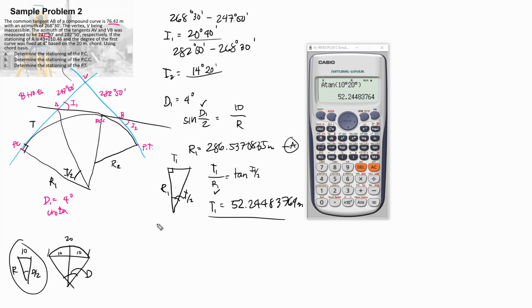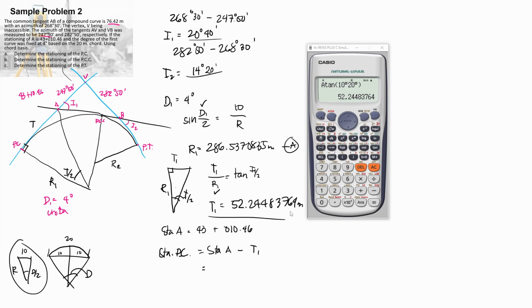So, kung ang station ni A is 43 plus 046. Isusubtract natin yung T na yon para kay PC. So, stationing ni PC is station ni A minus yung T1.